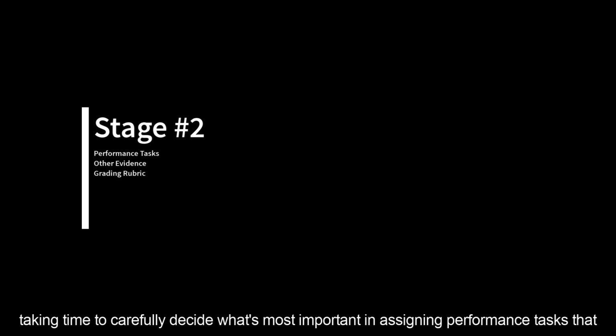In Stage 2, the importance of backwards design is very clear. Deciding what we want the outcome of class is one thing, but figuring out how we're going to assess and achieve that is another. By taking time to carefully decide what's most important and assigning performance tasks that measure that, we have taken an important step in reaching that goal.